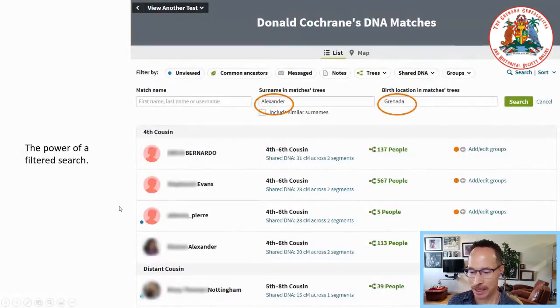So it gives me this list of 5 people, and then I could actually go and click on their trees and investigate and see what is their connection to Grenada and the Alexander surname. And I could try to tie them to people that are on my tree. So this is extremely valuable, and it's only on Ancestry.